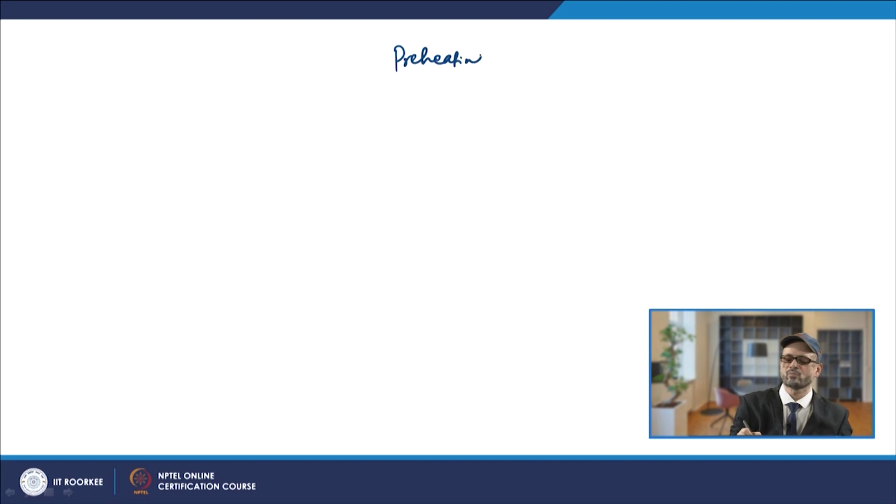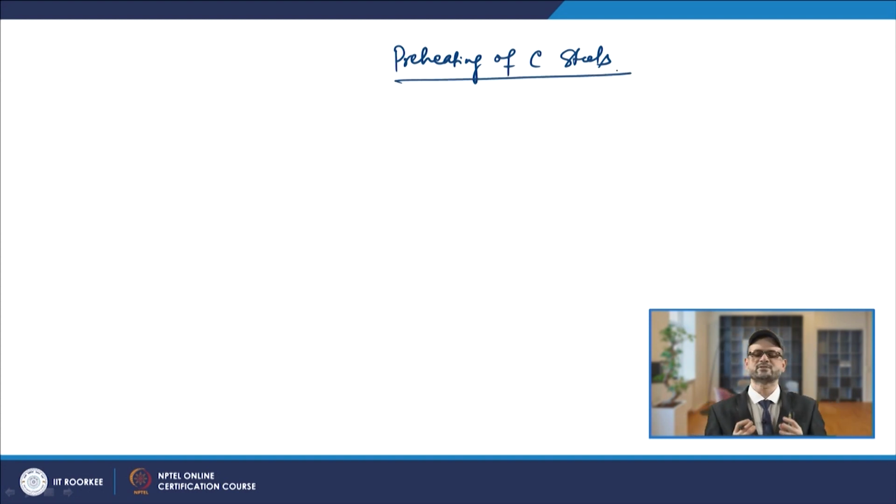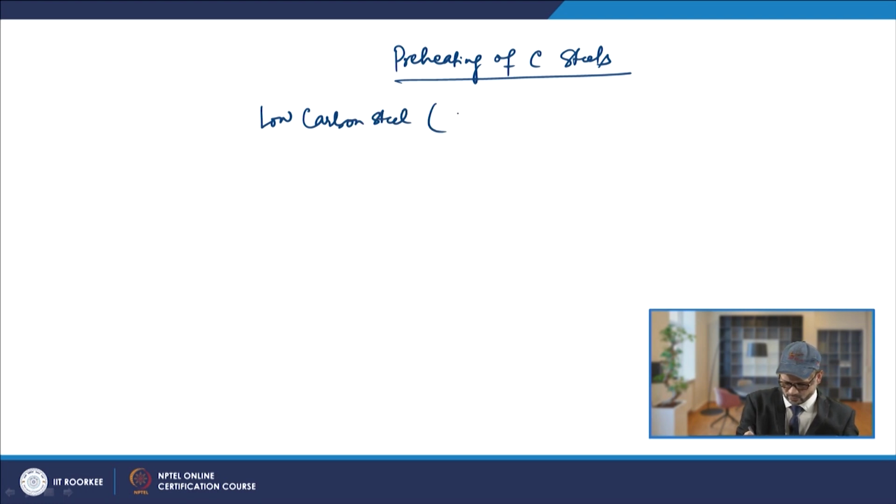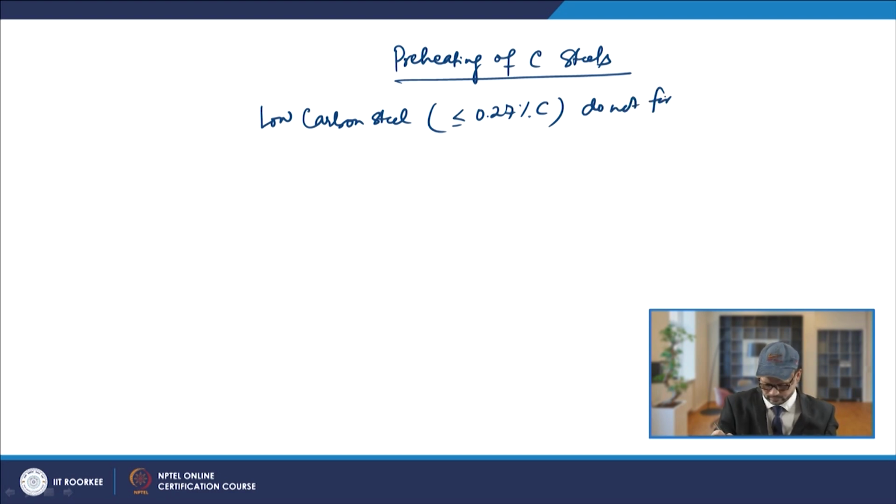If you see the preheating requirement for carbon steels, when you have low carbon steel, where the carbon is less than or equal to 0.27%, these steels do not form hard zones, except in thick sections with more than 0.20% carbon.